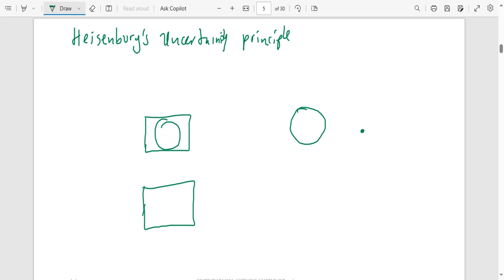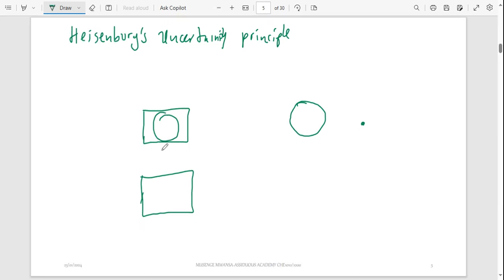Hope you are able to see. Okay. Are you able to see now? Sorry, I had to. Can you now see?